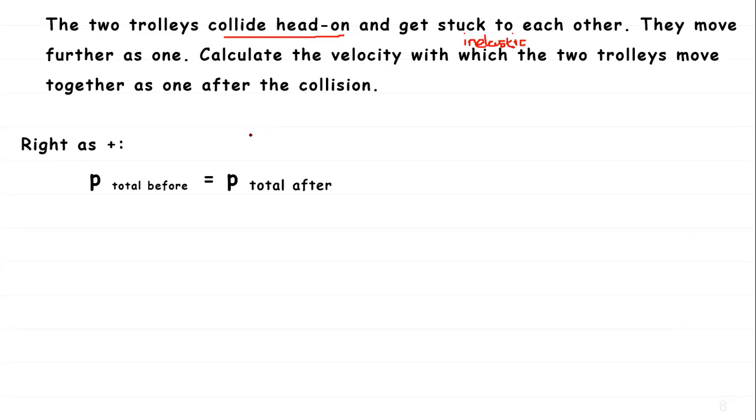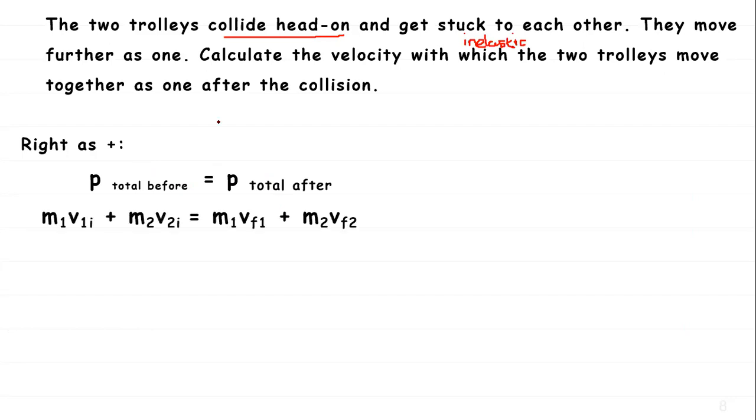Now, what does that mean? It simply tells me, if I want to put it into a formula, the total linear momentum before the collision is definitely equal to the total linear momentum after the collision if the system is isolated.